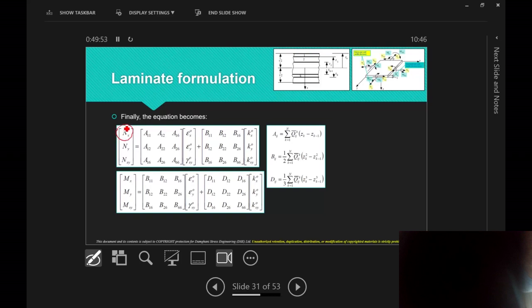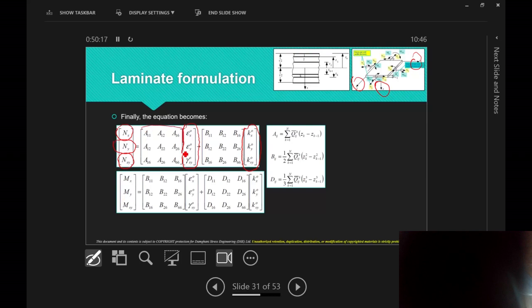So nx, force per unit width in the x direction, ny, force per unit width in the y direction. Remember, this is X, this is Y, and this is Z. And shear force in the XY plane are associated to strains of the midplane and the curvature of the midplane.